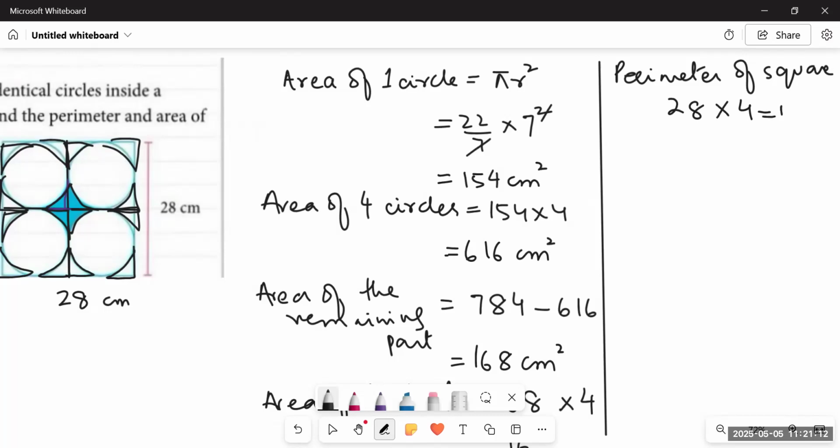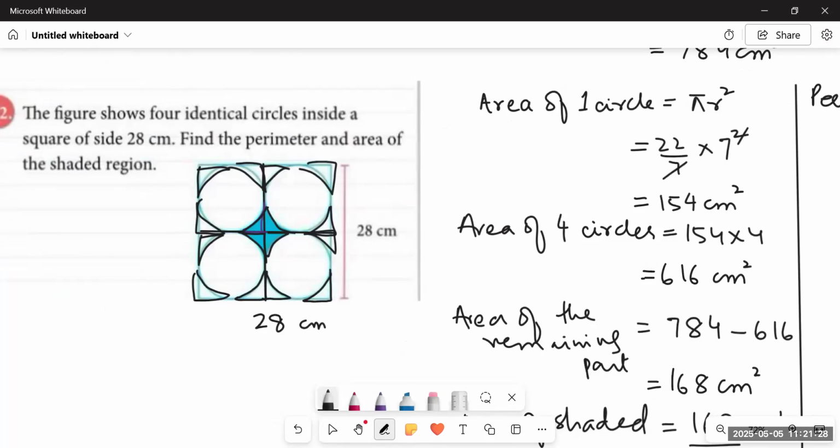It means the perimeter of the whole square is 112 centimeters. But actually we don't need it. What do we need? Let us figure it out.